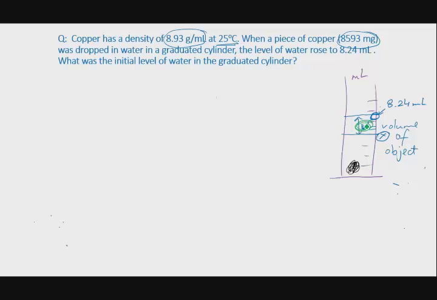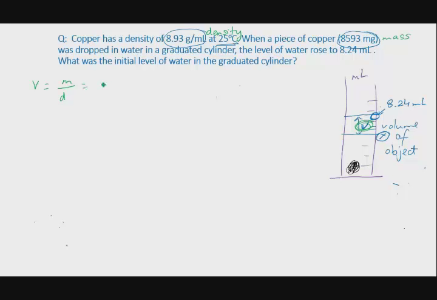What do we know about copper? We know that its mass is 8,593 milligrams. We also know its density at that temperature. So if we know mass and density, can we calculate volume? Absolutely. Volume will be mass divided by density.